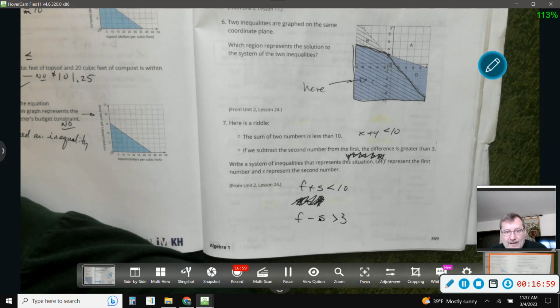I start out with x plus y, but they like f and s per their equation. So first plus second less than 10. First minus second, which is the same thing as saying if we subtract the second from the first, the difference is greater than 3. Write a system of inequalities for the situation. Well, here you go. That's it.